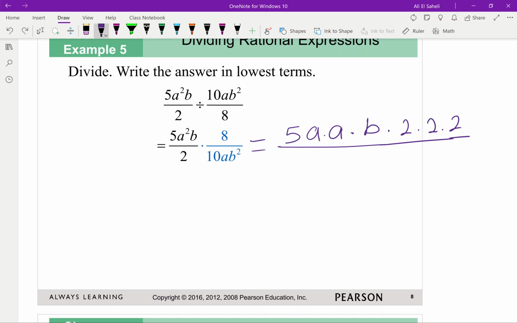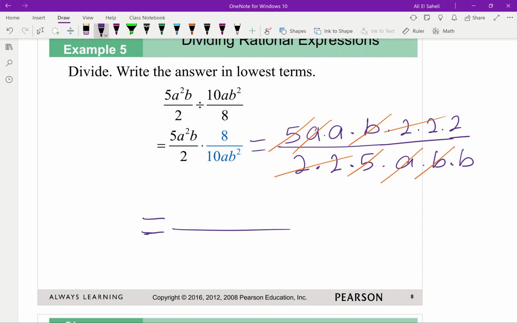In the numerator we have 2, 10 is 2 times 5 times a times b times b. 5 goes with 5, 1a with 1a, 1b with 1b, 2 2's with 2 2's, and we're left with, in the numerator you have 2 and a, 2a. In the denominator we have only b.